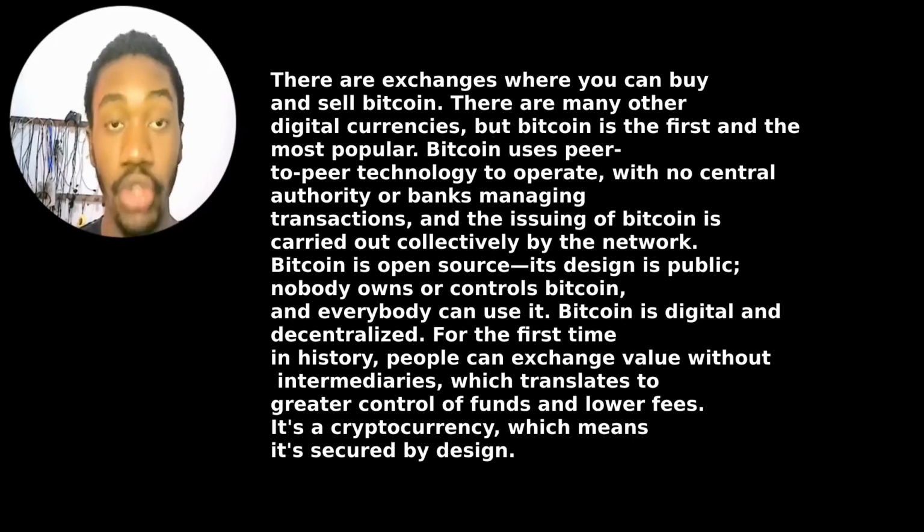That also means that its design is public. Nobody owns or controls Bitcoin, and everybody can use it. Bitcoin is digital and decentralized. For the first time in history, people can exchange value without intermediaries, which translates to greater control of funds and lower fees. It is a cryptocurrency, which means it is secure by design.